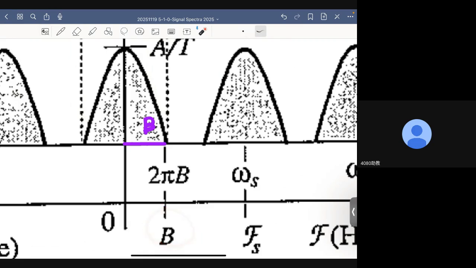All right. Now, since this is a copy of this, the size of this line segment is also B. Now remember, from here to here, the size of this line segment is fs, right? Because fs, the sampling frequency, is the period of the frequency spectrum of the discretized signals.